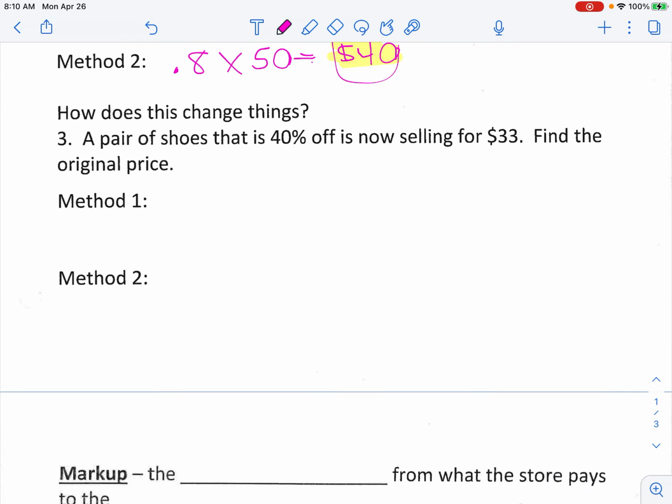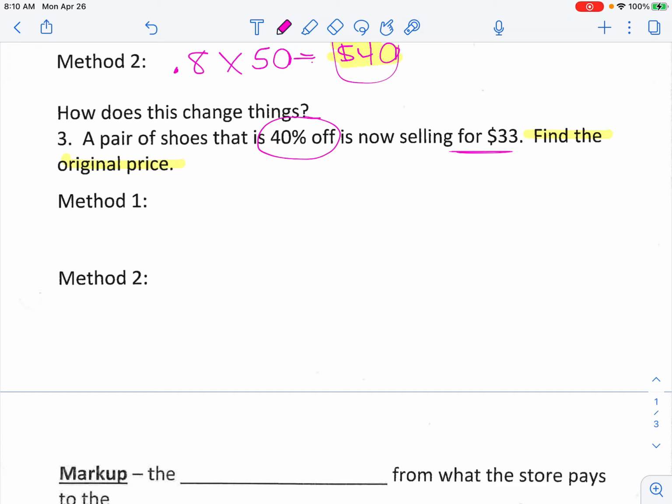How does this change things? A pair of shoes that is 40% off is now selling for $33. Find the original price. Say, what? A pair of shoes that is 40% off is now selling for $33. Find the original price. Okay, so I'm just going to write down here what I'm thinking mentally.